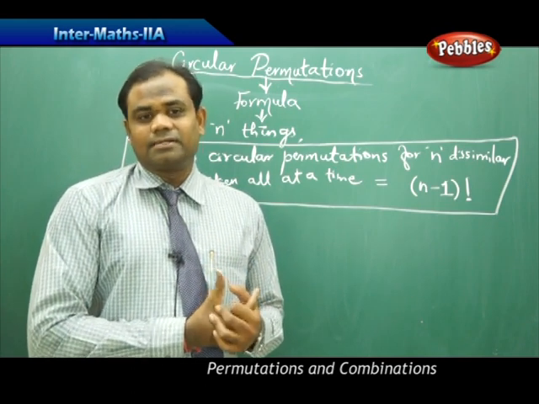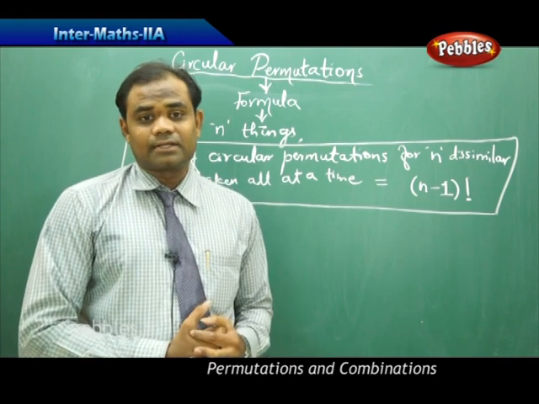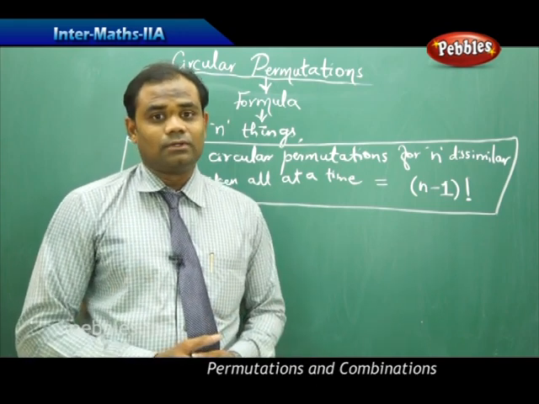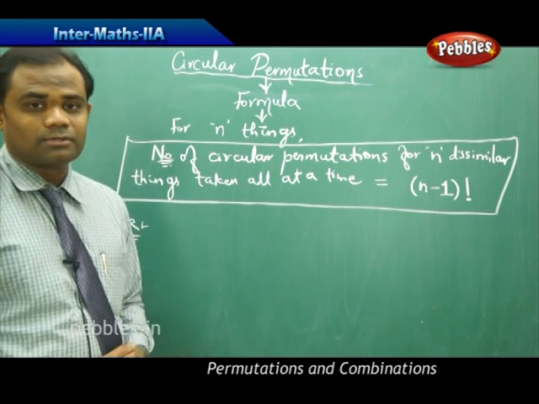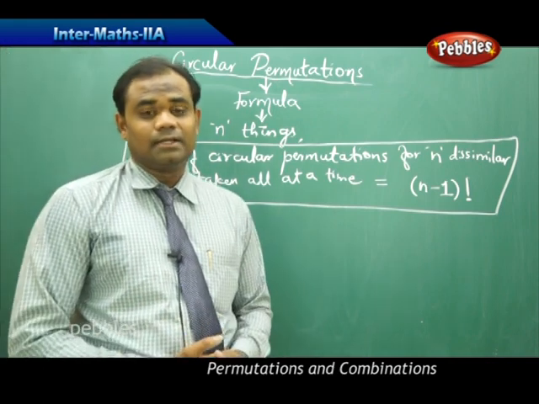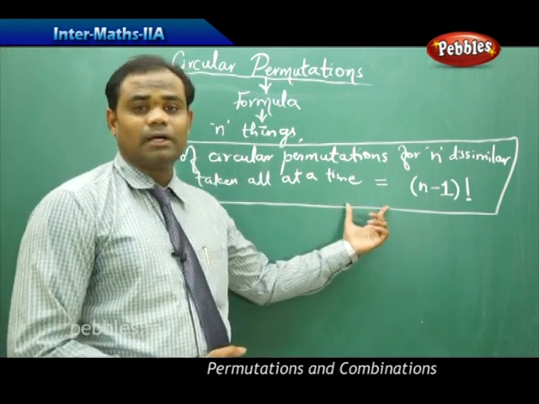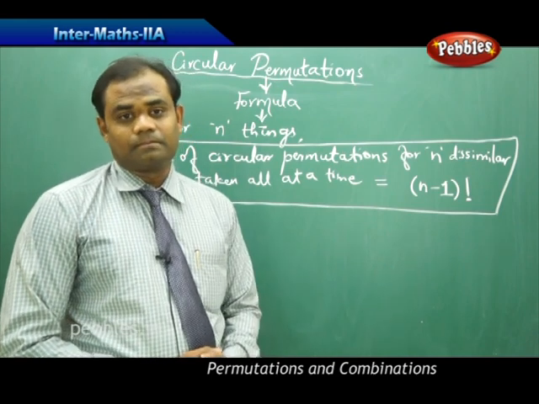It ultimately makes a garland. So in that case, the direction is not taken into account. So in case of these kinds of problems of beads or garlands, let's see how this formula is restricted.